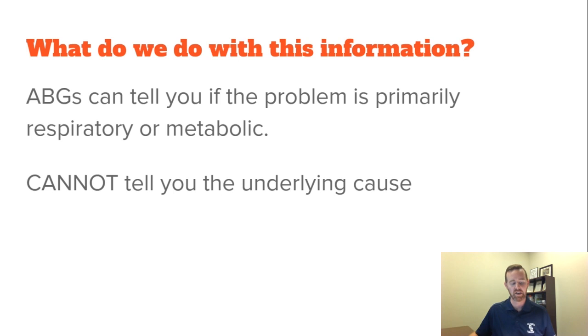In diabetic ketoacidosis, for instance, we know that that's a metabolic acidosis, but without understanding what's happening in the totality of the clinical picture, so checking the patient's blood sugar, doing some additional labs, you may not be able to understand what the underlying cause of that metabolic acidosis would be, right?